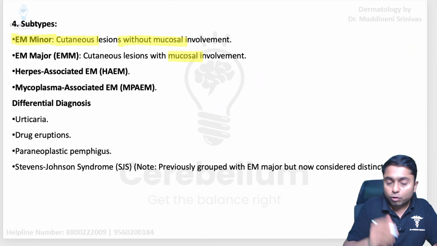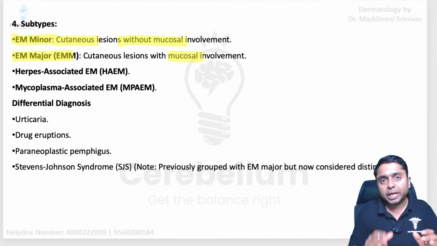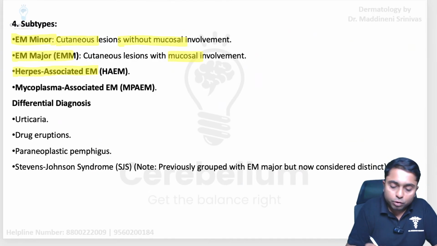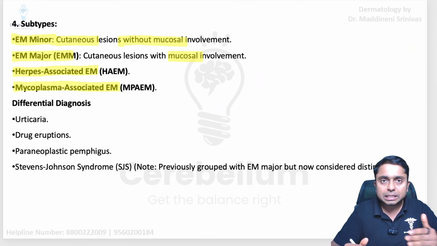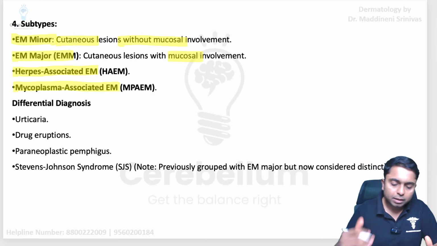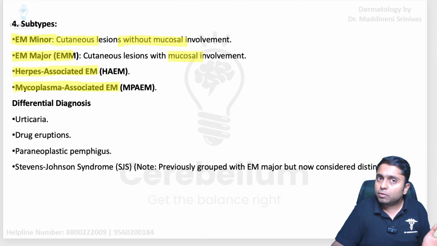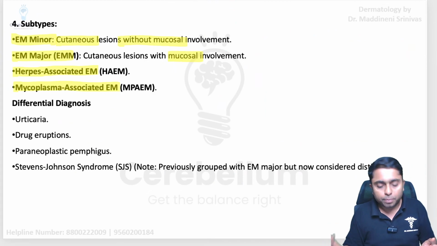With mucosal involvement, we call it erythema multiforme major. And like I have already told you, herpes associated erythema multiforme and mycoplasma associated erythema multiforme. We have these subtypes which you can write down. It's not very difficult. If mucosa is not involved, it is erythema multiforme minor. If it is involved, it is erythema multiforme major.